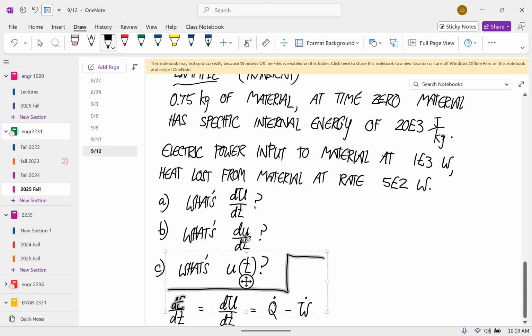So we're given some information about the internal energy, but we're not given the information about the true internal energy. We're given it for the specific internal energy. So the first thing we have to do is find that relationship.